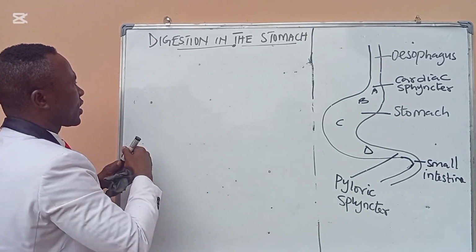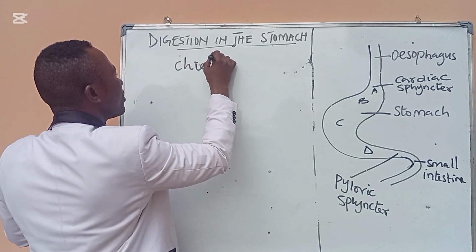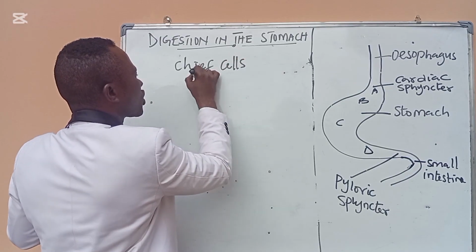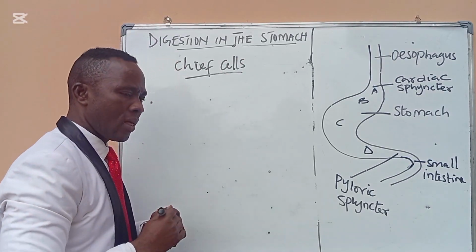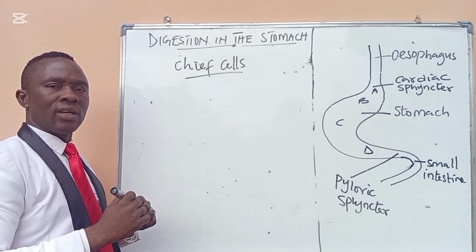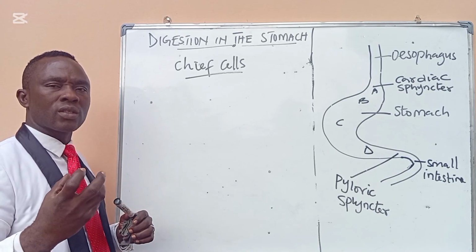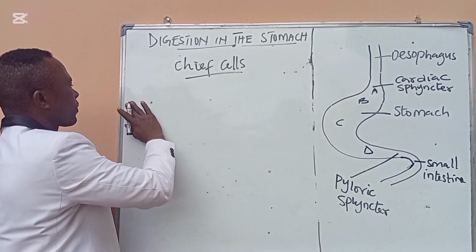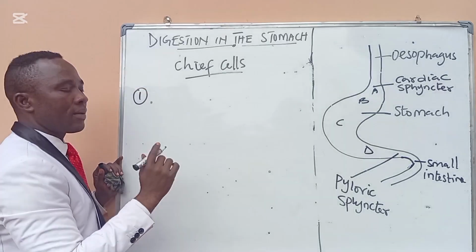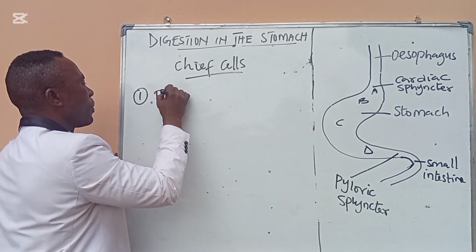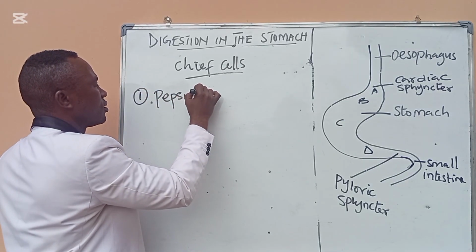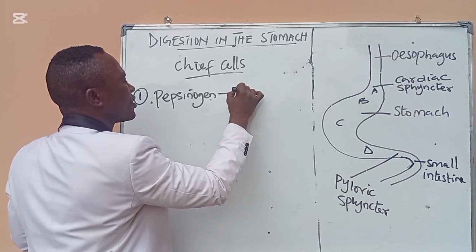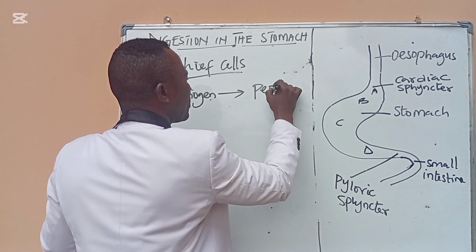The next cell is the chief cells. What is the function of the chief cells? Now the chief cells secrete digestive enzymes. One of the digestive enzymes they secrete is pepsinogen, which is activated to become pepsin.